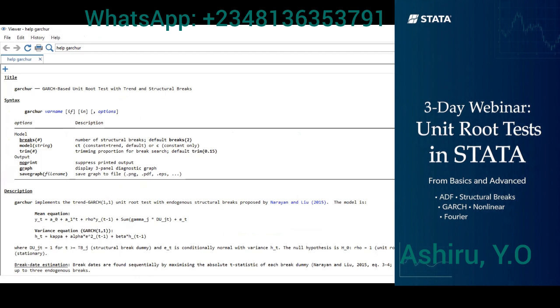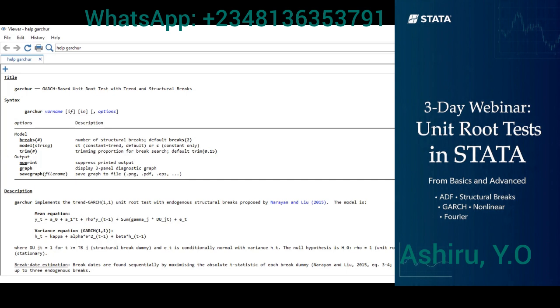Unit root tests are sensitive to sample size. When the sample size is small, the tests generally do not perform well. If you read the help file of that urstat command we've been using, you will see the author wrote that for a sample size less than 50, the result may not be reliable.